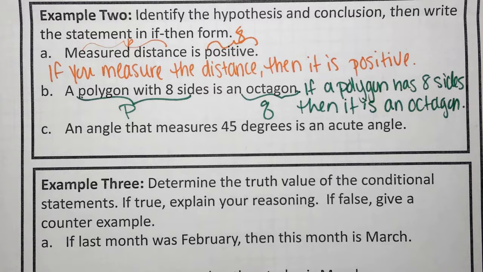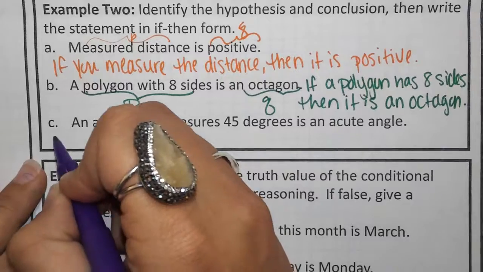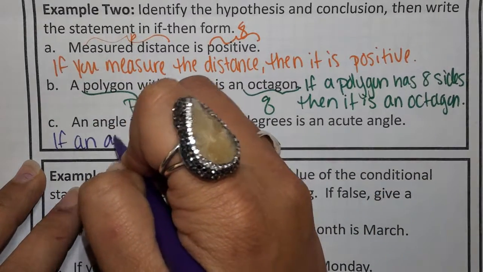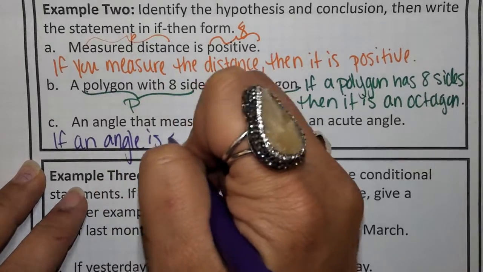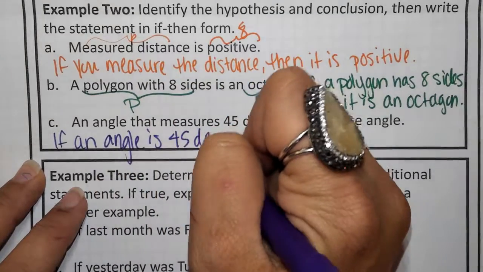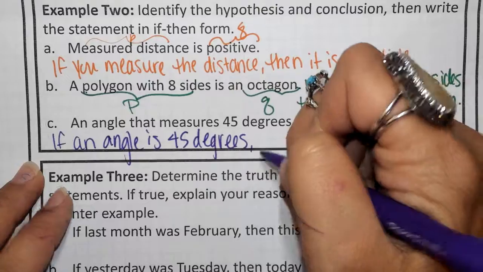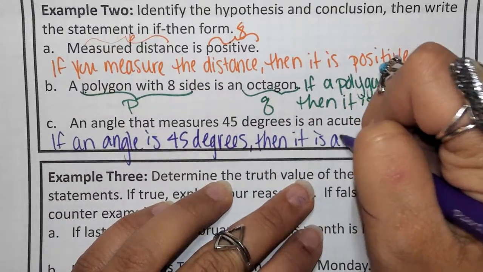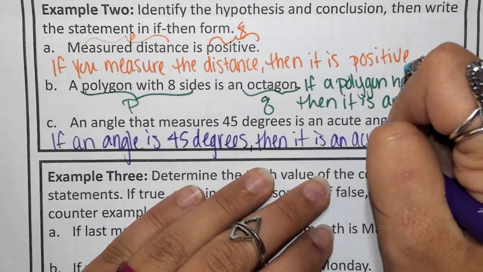All right, somebody from your table, tell me what conditional statement you created. If an angle is 45 degrees, then it is an acute angle.